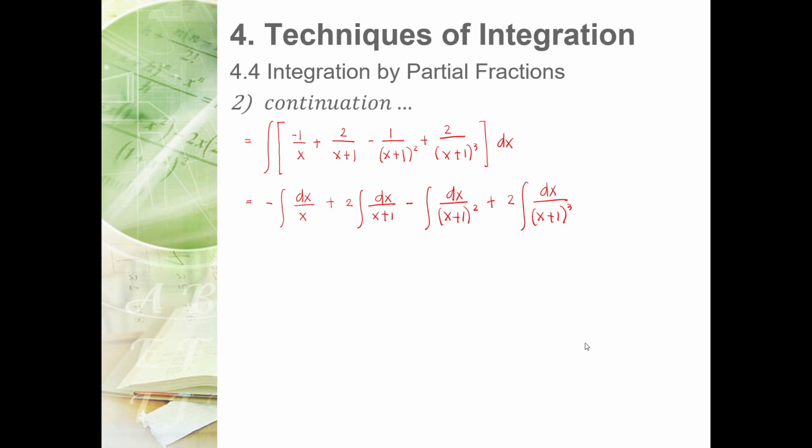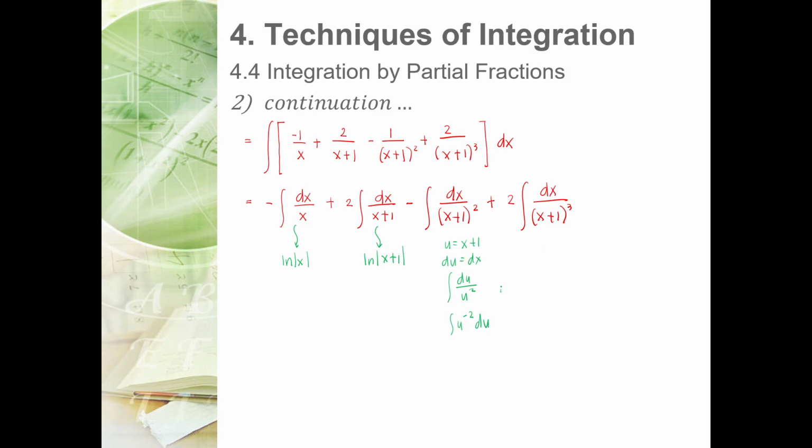Okay, if you integrate it individually, the first one would give us ln x. This one would give us ln of x plus 1. How about for the third term? If we let u equals x plus 1, then du is equal to dx. So this becomes the integral of du all over u squared, right? You may translate it as u to the -2 du.